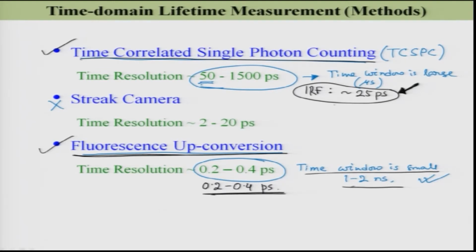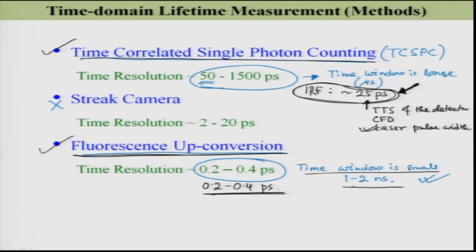As I have already discussed, why is this IRF limited to 25 picosecond? The reason behind it is the transit time spread of the detector. Another reason is the inherent CFD, what is the form of the CFD, and the third one is the laser pulse width.